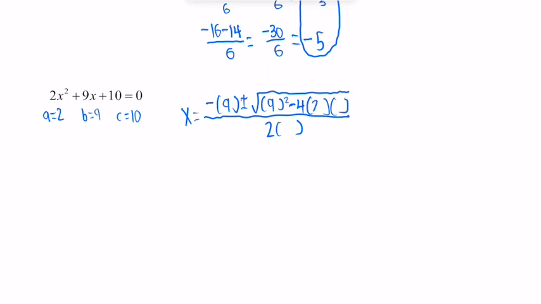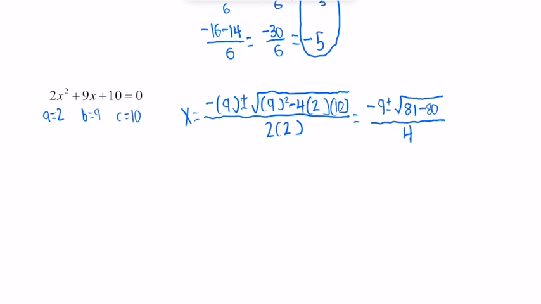A is 2, so we'll put a 2 in that blank and in the blank on the bottom. C is 10. Now when we do the squaring and multiplying, we would have negative 9 plus or minus the square root. 9 squared is 81. Negative 4 times 2 times 10 is minus 80. And we have all that over 4.